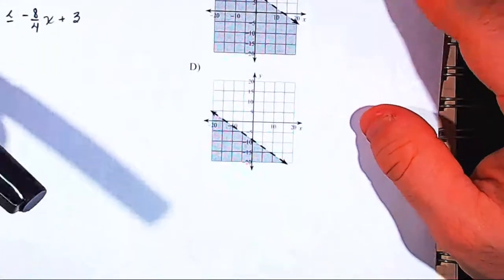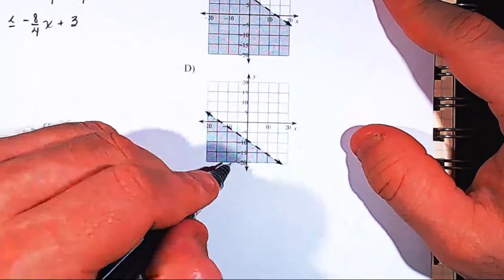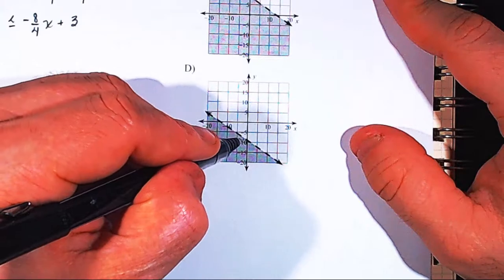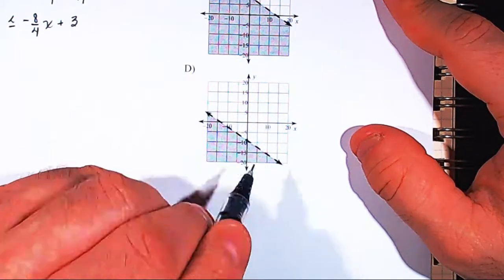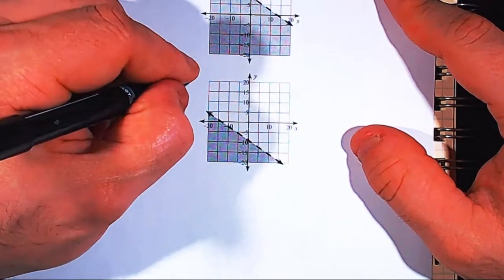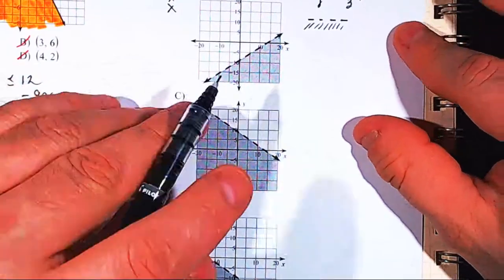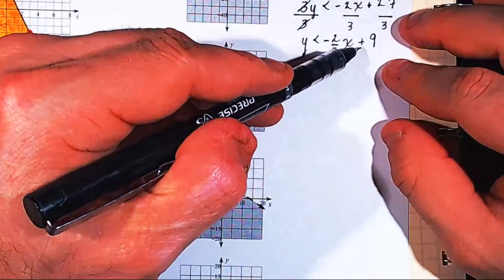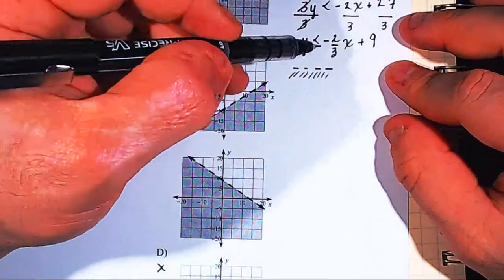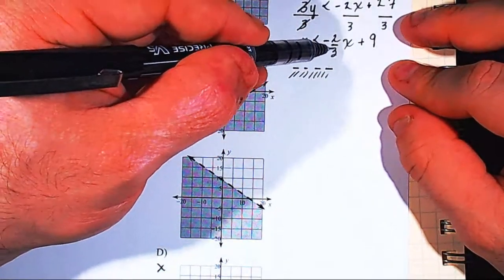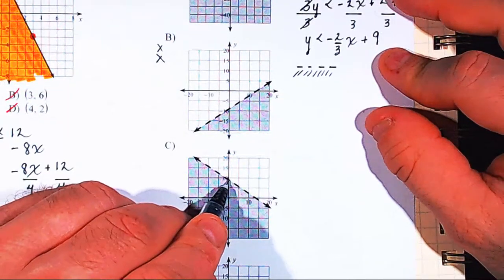Let's look at D. D has a negative slope, and it's a dotted line, but the y-intercept is -9, not +9. So not good for D. Now let's look at C. What we're looking for is a y-intercept of +9 and a negative slope, negative 2/3. So we do have a y-intercept of 9.